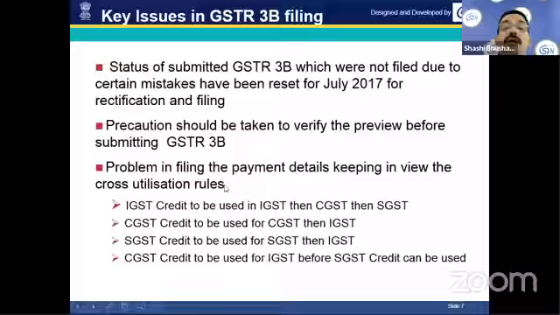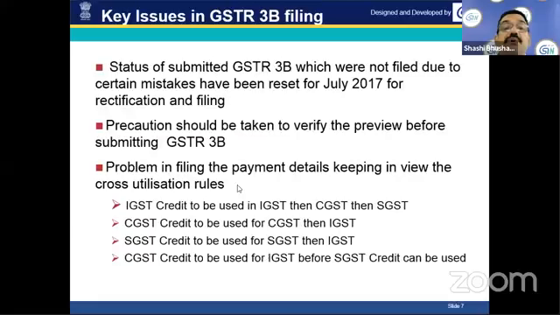Now, another problem which has been frequently reported is that people are finding it difficult to accurately put the payment figures in the payment tab. This is because this is a new law and it has certain new provisions. Because of the dual nature of IGST and GST that we are implementing, there are certain prioritization rules a taxpayer has to follow while cross-utilizing credits.